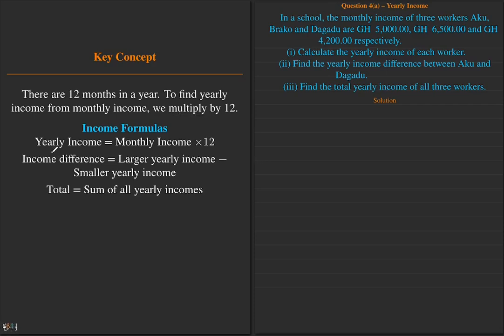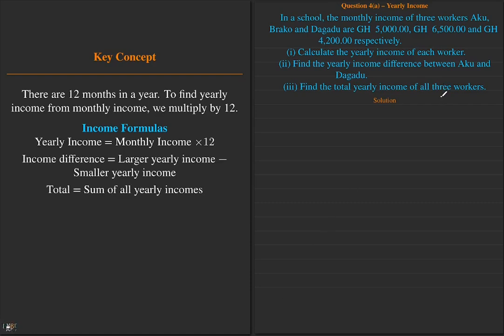So we can simply say yearly income is the monthly income, that is the income of 1 month, times 12. And the income difference is simply the larger yearly income minus the smaller yearly income, as we would see in the question. If we are talking of the total, it will be the sum of all the yearly incomes. So let's look at the question.